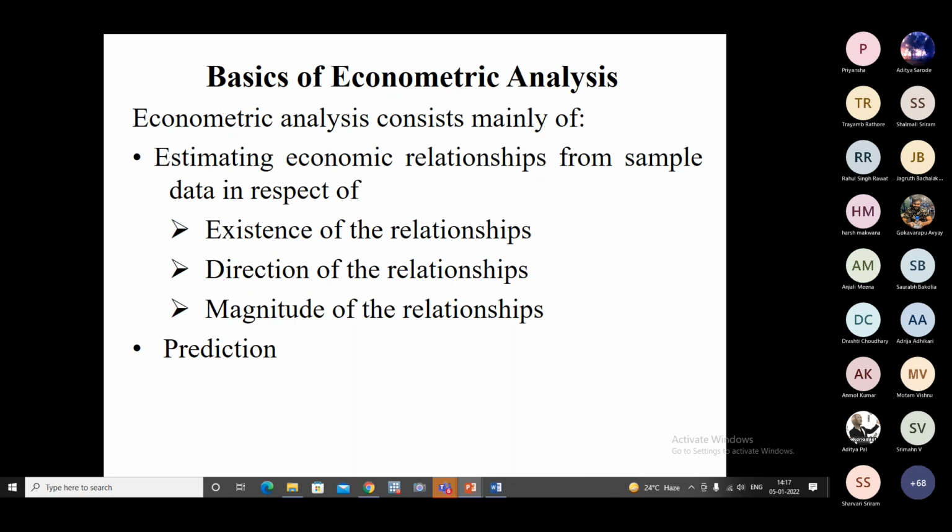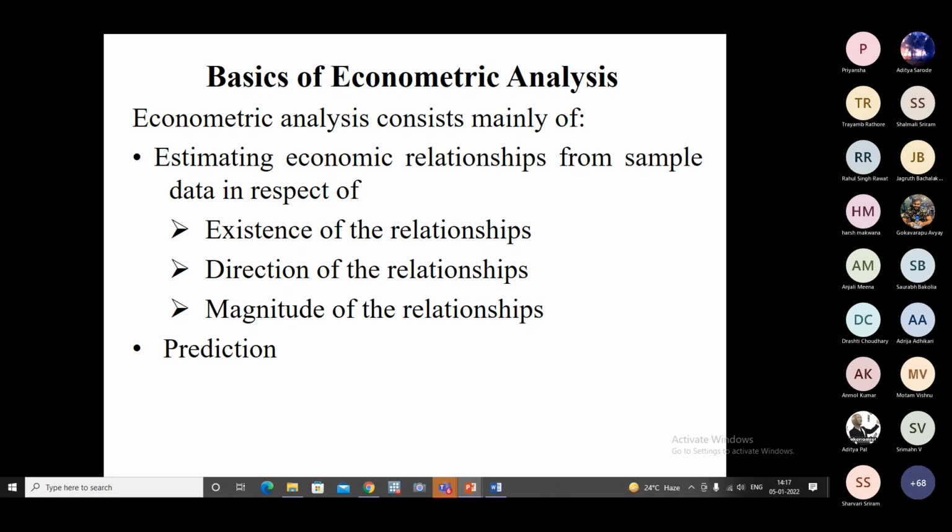If my dependent variable is demand, and if my independent variable is price of the commodity concerned, and if I convert both dependent and independent variables into logarithmic scale, then I'll basically estimate the function like log of yi is equal to alpha plus beta log of xi plus ei.